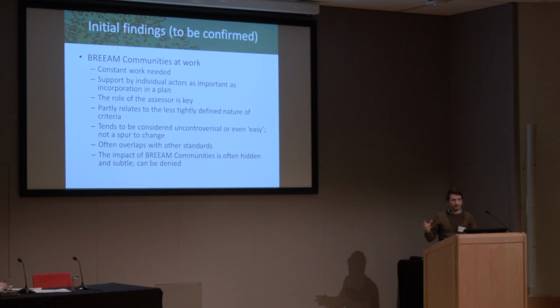It overlaps with good practice quite a lot, and also with the good local plan. So in a number of the case studies, if you just followed the local plan, you could get 60%. So you're only 10% away from scoring an excellent sustainability certification by basically doing the bare minimum.